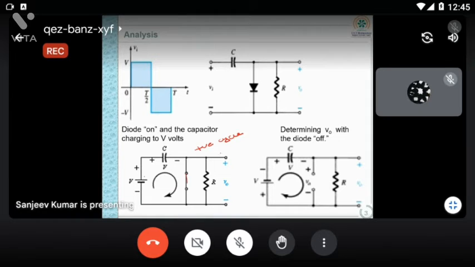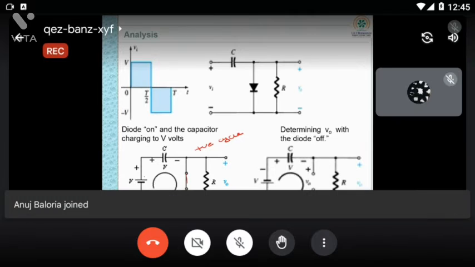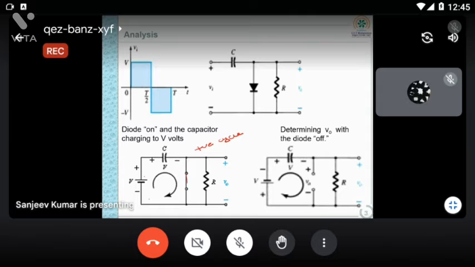If I'm applying KVL here, V minus the voltage at the capacitor is equal to 0. So VC is equal to V. So what is the voltage across the capacitor during the on condition? It will be V volt.